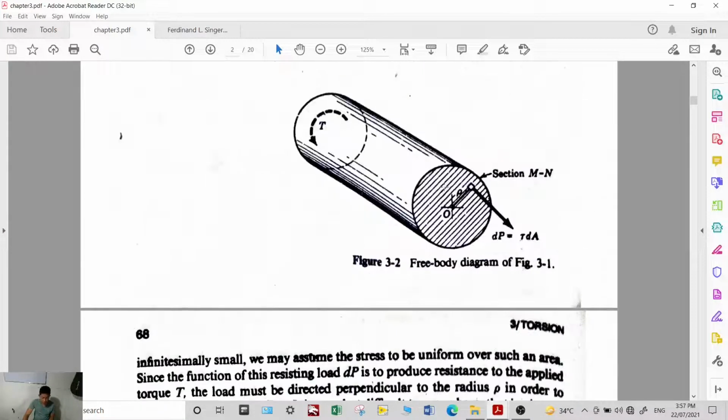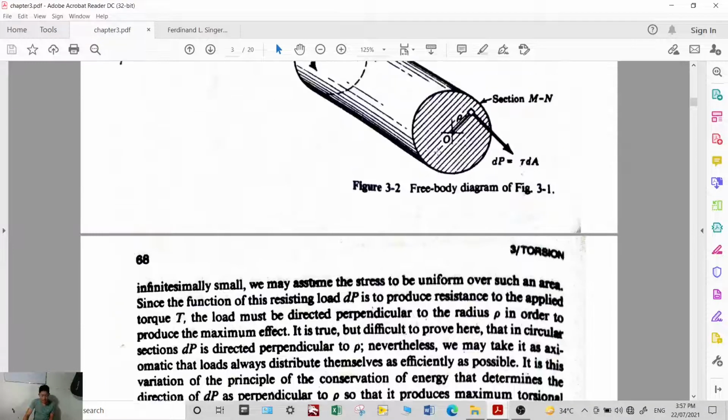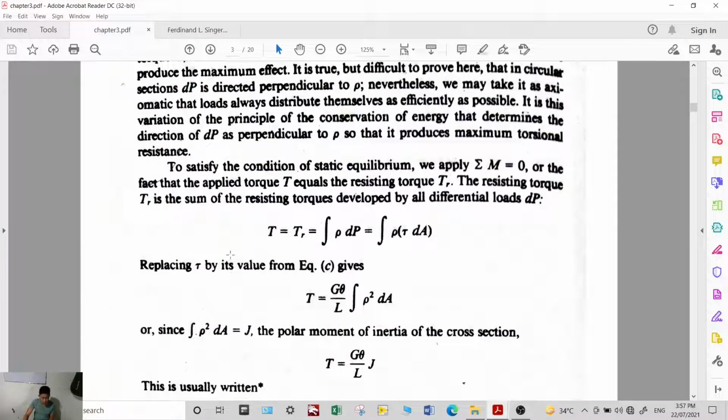And then, daghan man kayo nga area, so imo nang i-add up tanan using this one, integration. Okay? And then, the value of dp, nakuha na nato ni ganina, tau dA. So, ito nang i-replace dere.